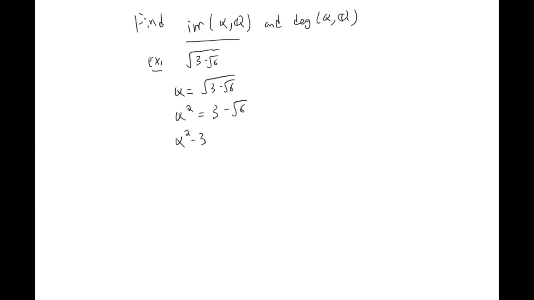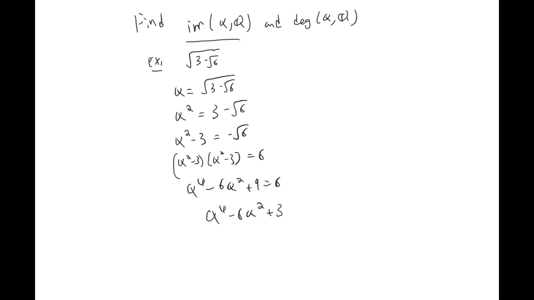Alpha squared minus 3 is negative root 6. Square both sides. Alpha squared minus 3, squared, equals 6. So that's alpha to the 4th minus 6 alpha squared plus 9, minus 6, so plus 3, equals 0.